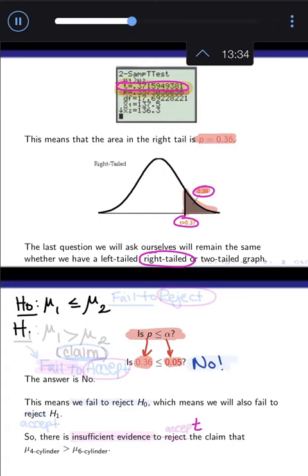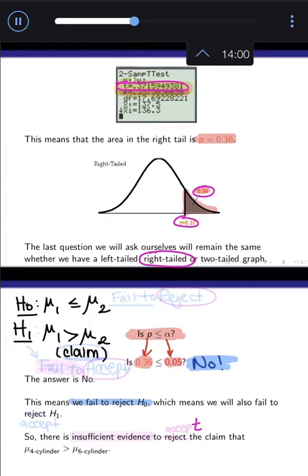And our H1 was that the mean was greater than the mean for the second group, and that one was our actual claim. So remember, if our answer is no for when p is less than or equal to alpha, what does that mean? Remember, a no means that you're going to fail to reject H naught.